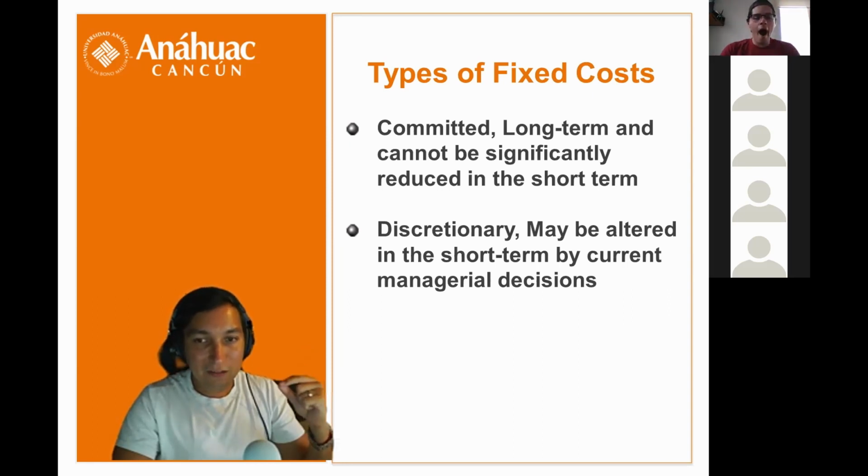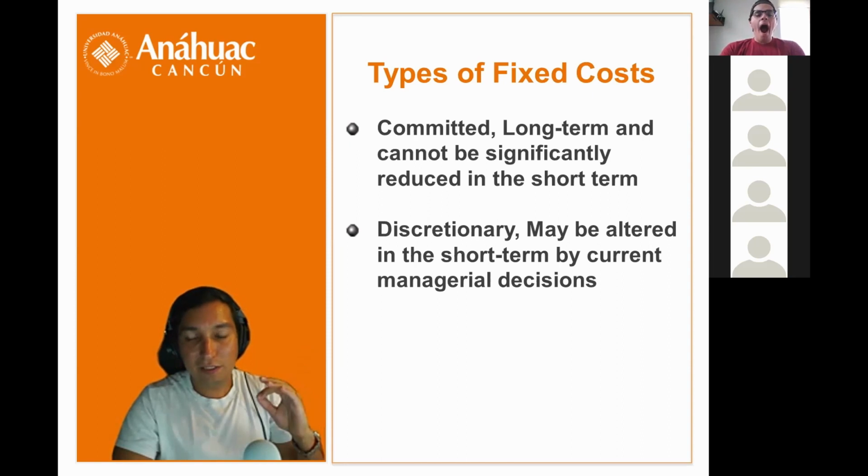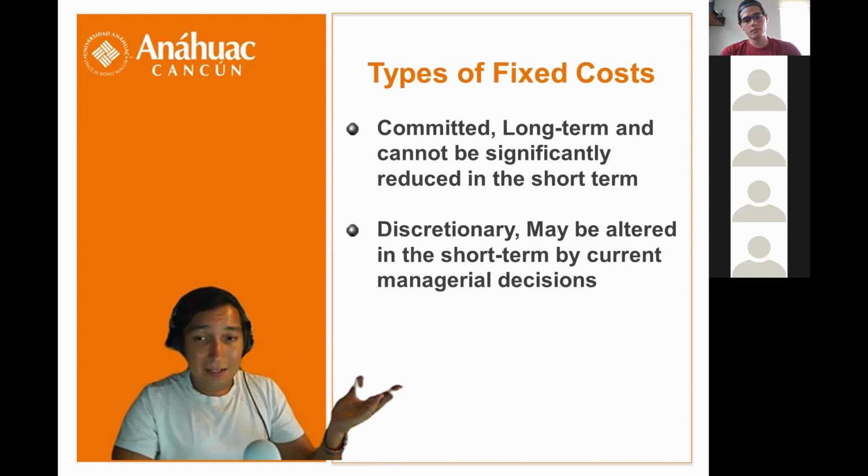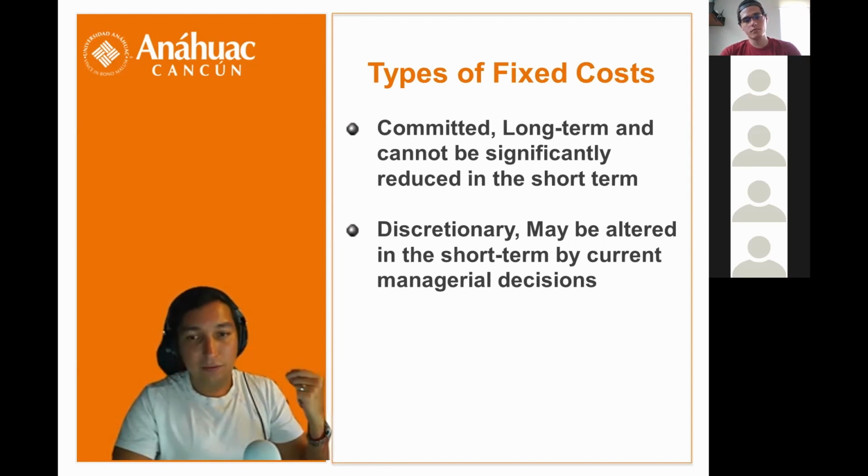So a committed fixed cost is a long-term fixed cost that cannot be significantly reduced in the short term. So something like depreciation on your equipment or property taxes on your manufacturing plant. What can you do to change those things? You can't do anything really.